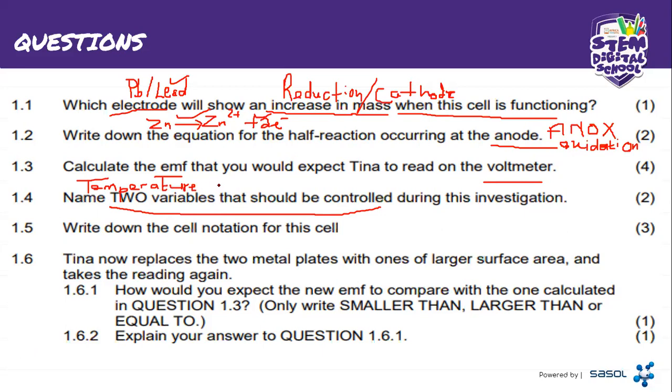And that is temperature and the concentration of the electrolyte. Those have to be kept constant altogether, which are basically the standard conditions under which this cell was operating. Now, I want this to be clear.